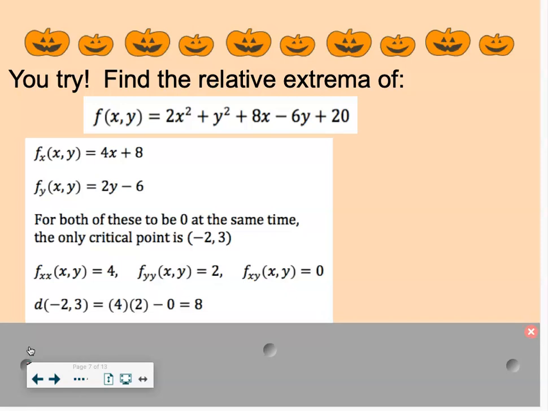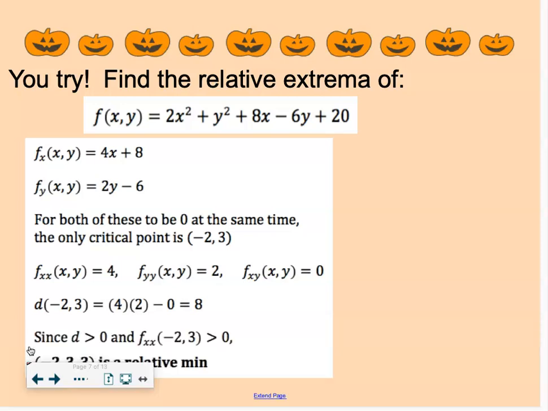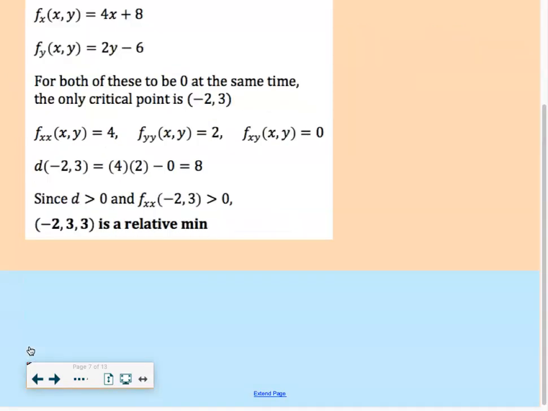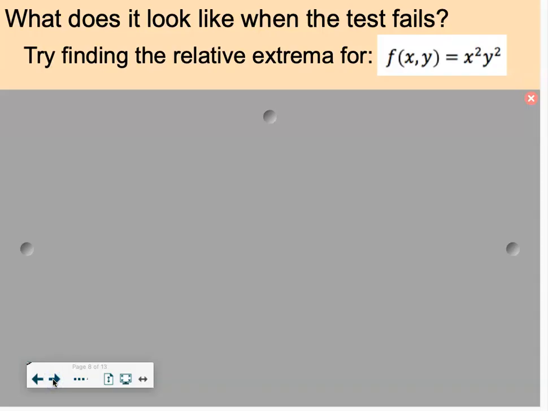Since D is positive and our second partial with respect to x is positive, we have a relative min. So plug into the original function, and we end up with a point of -2, 3, and the z value is -23. Very good.